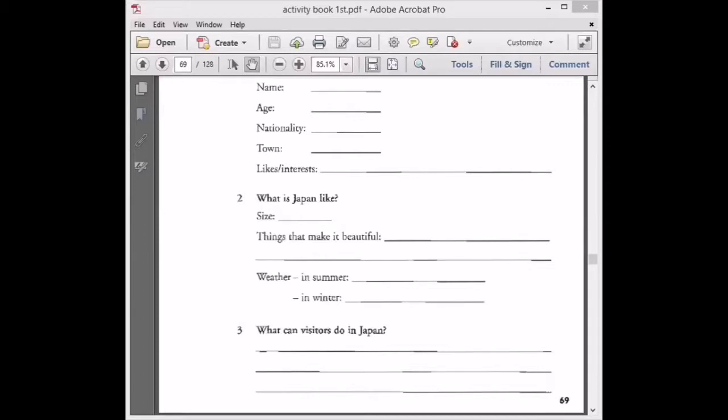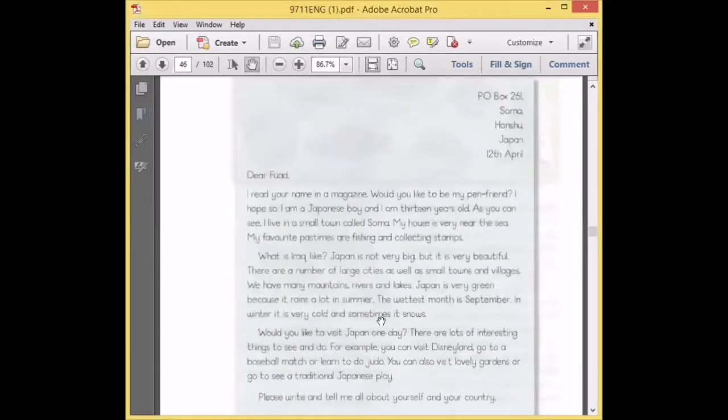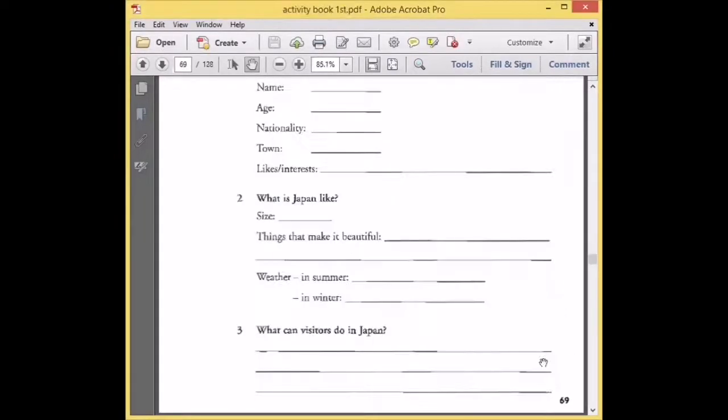Because Yuki said it rains a lot in summer, right? So it is rainy in Japan in summer, and in winter it is very cold and it snows. And this is what Yuki is saying in his letter.